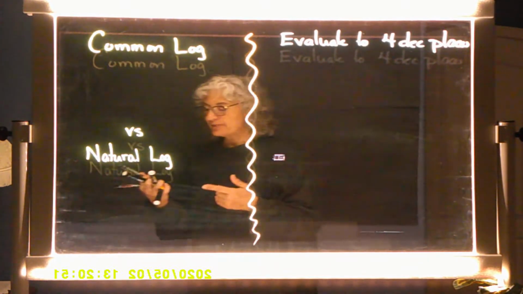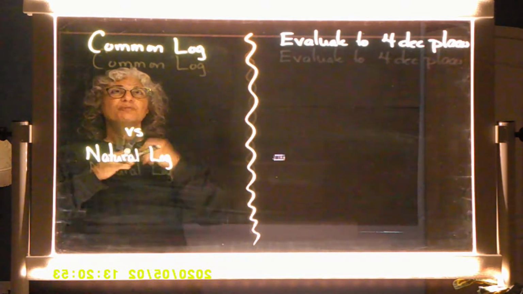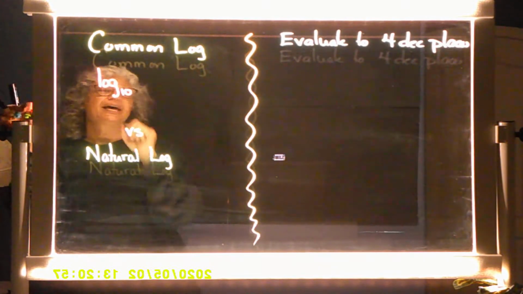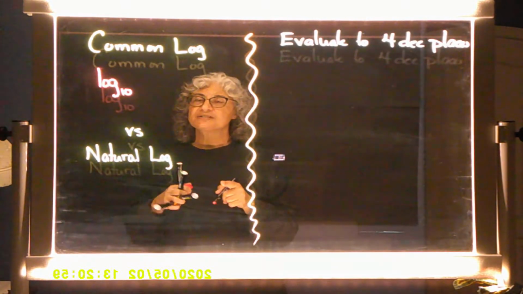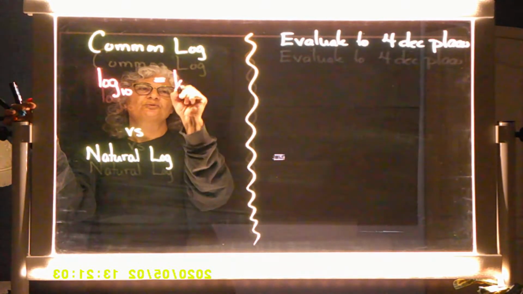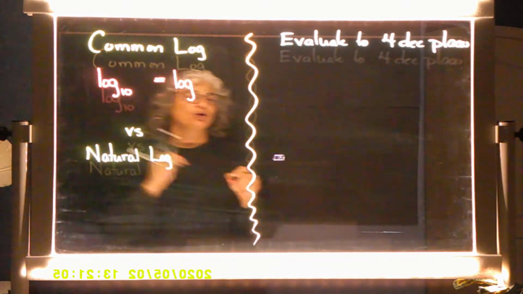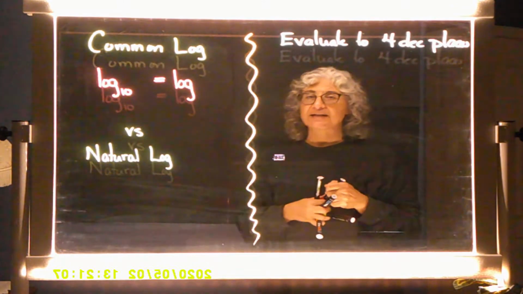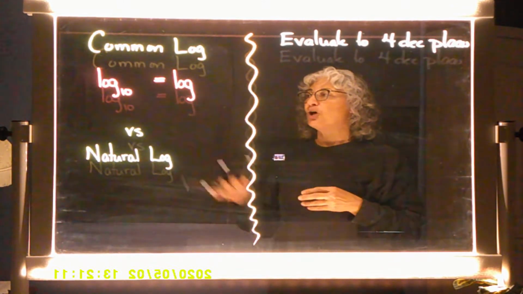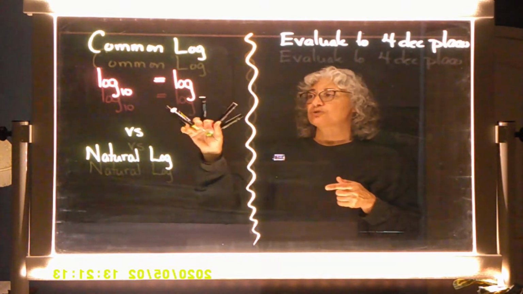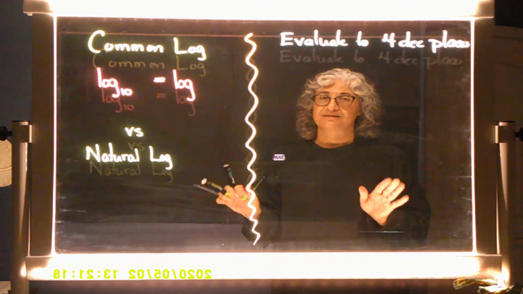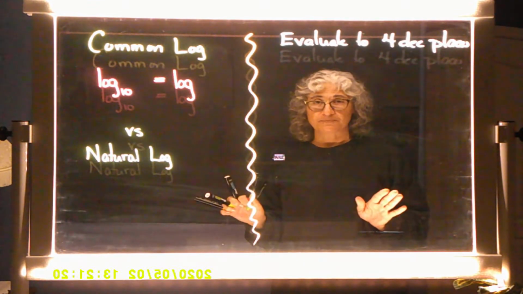So the common log is going to look like log base 10. But a majority of the time they don't write that 10 in there. If you just see them write the word log and you don't see a base, that's automatically assumed to be a 10. So understand that. Log base 10, the notation would just be log, no base written. It's assumed a 10. Cool?